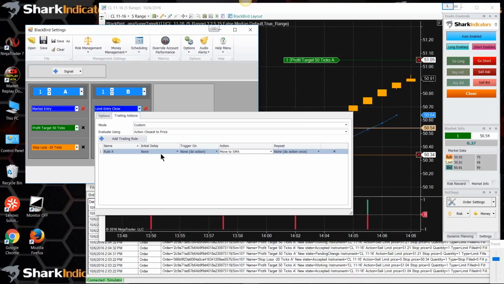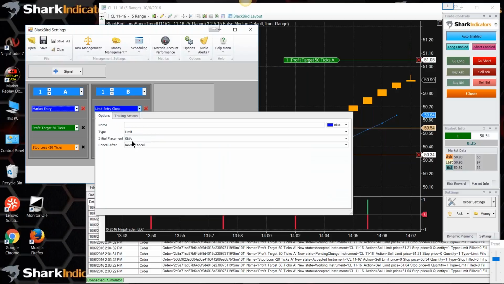So there we go. So we're going to keep moving our limit order to the SMA 14, and we're going to keep repeating this indefinitely until that order gets picked up. So there's an example of moving your limit entry order, so to speak, right? Like that.